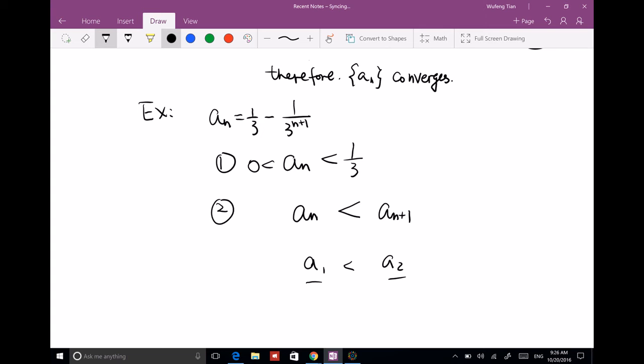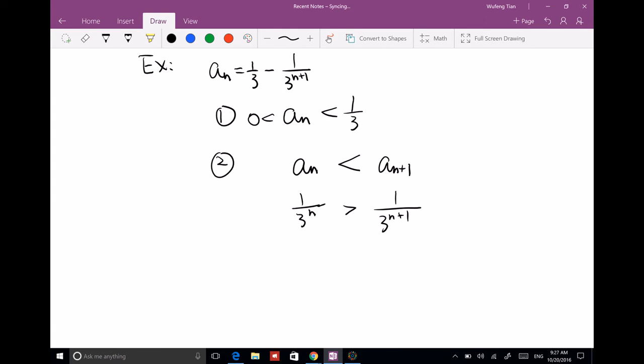But mathematically you can prove that a_n is less than a_(n+1), because 1/3^n is bigger than 1/3^(n+1). If you subtract a big number, then the result is smaller.